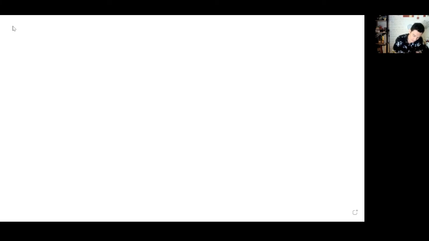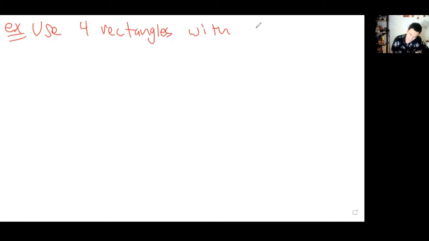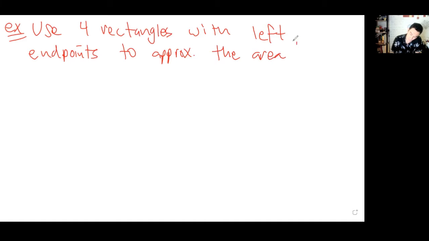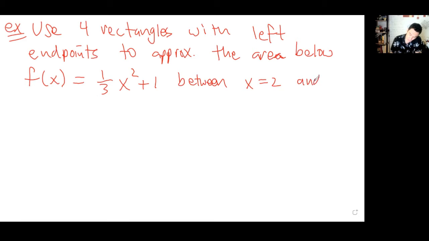Example. It's going to say something like: use 4 rectangles with left endpoints to approximate the area below f of x equals 1/3 x squared plus 1 between x equals 2 and x equals 3, period.